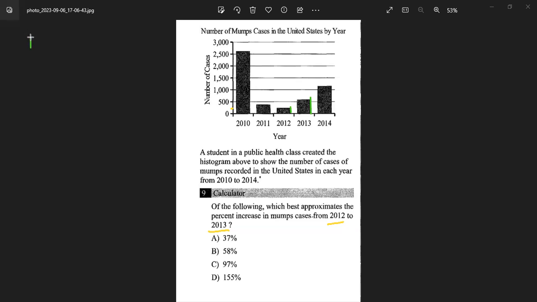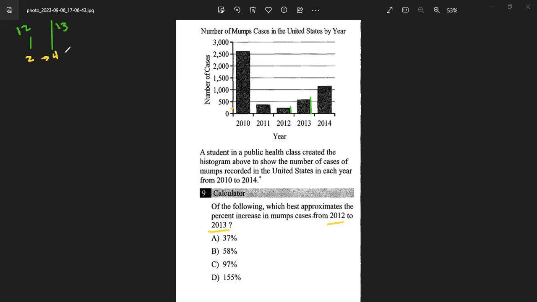This length and the other length is more than double. What does it mean in percent? This is 2012, and this is 2013. In numbers, say this is 2, and the increase becomes 4 units.